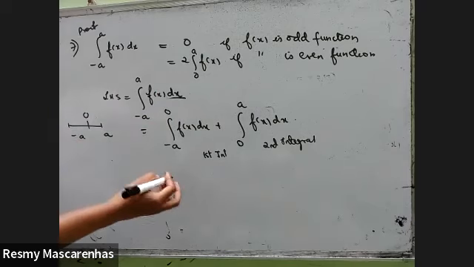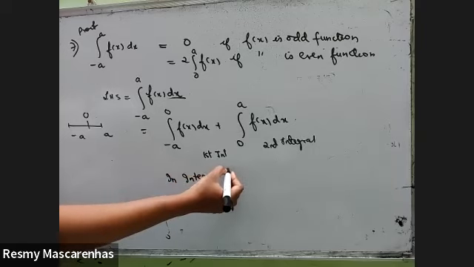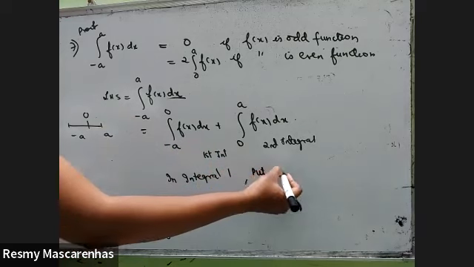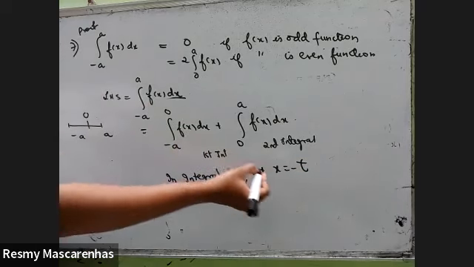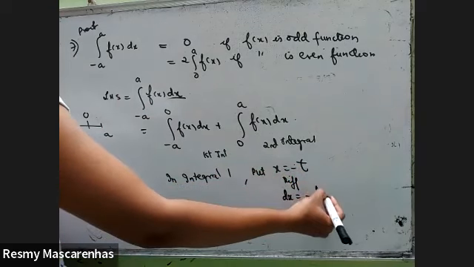So over here, in integral 1, we'll put x equals minus t. The substitutions you have to remember. In the first integral, put x is equal to minus t. And now we have to find the derivative. Once you differentiate, dx becomes minus dt.